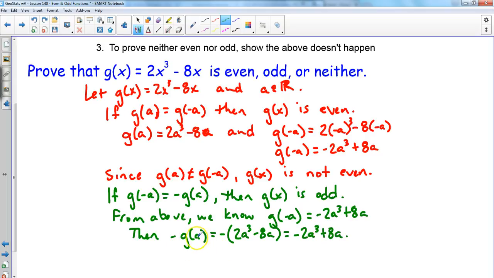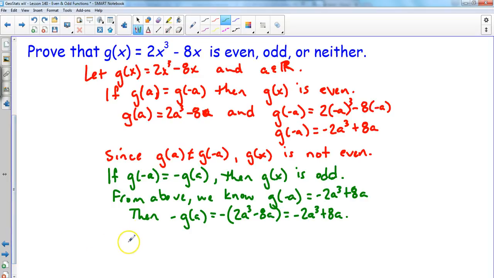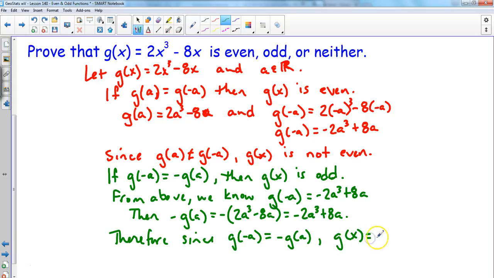Compare the two, so here's my negative g of a, here's my g of negative a, and we can see that they're the same function. So we've shown that it is odd. So therefore, since g of negative a is the same as negative g of a, that function is odd.